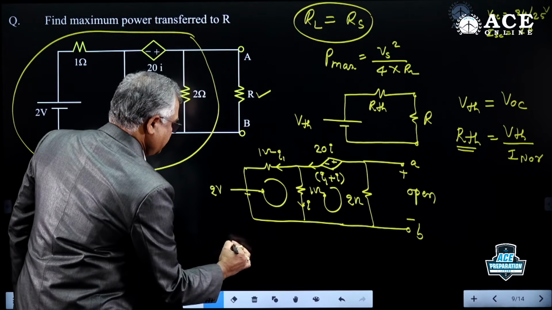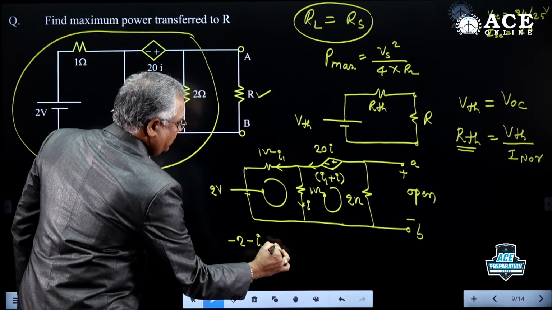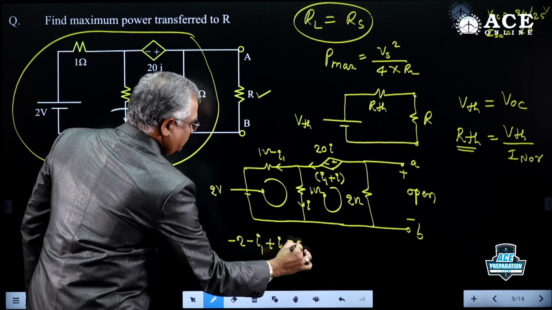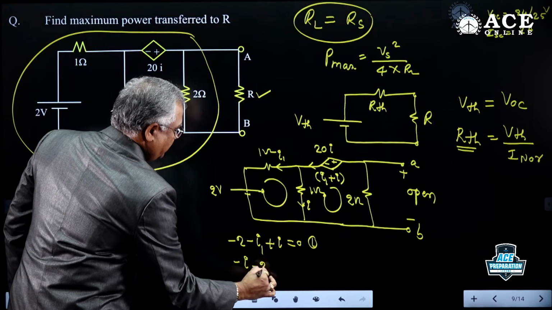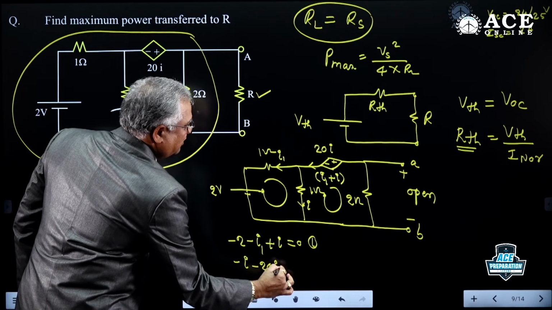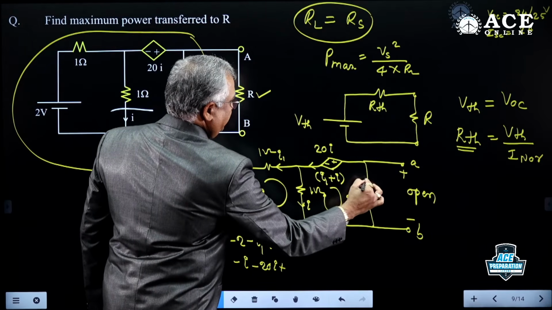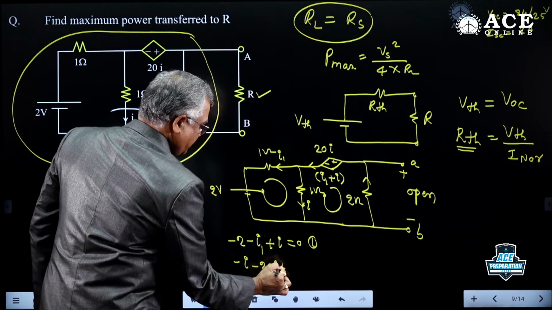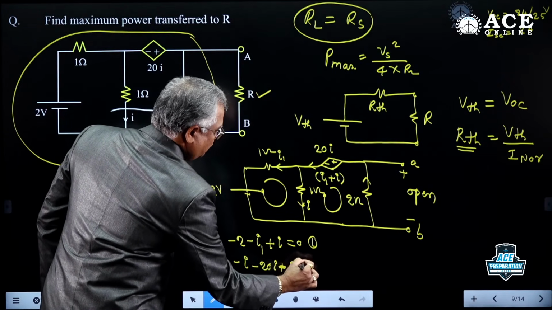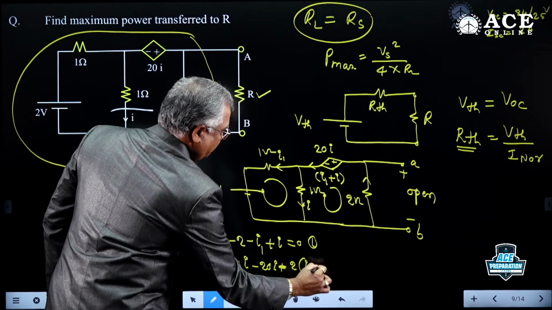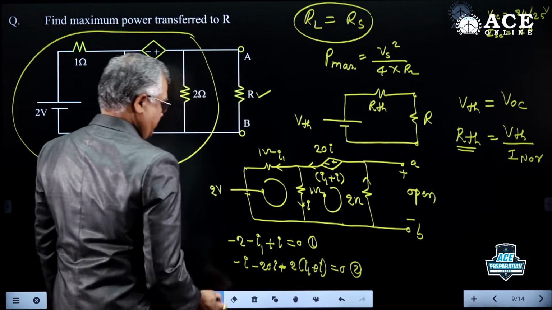The first equation is minus 2 minus I1 plus I equal to 0. The second is minus I minus 20I, then plus, here the current is going this way, so opposite direction, minus 2 into I1 plus I equal to 0.